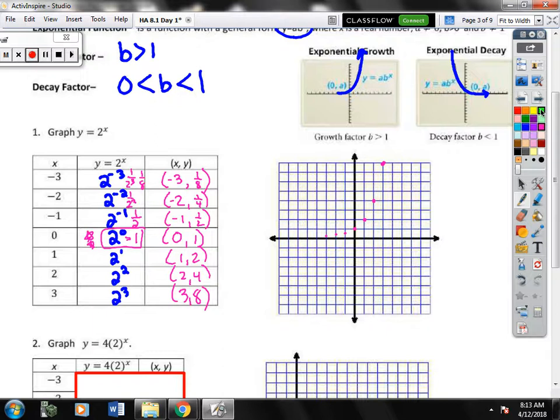Now you'll notice that the exponential function up here, it looks like it might go down. It will never go underneath the x-axis. So it's going to get very small, close to 0, but it's never actually going to touch 0. So the graph, when you connect these dots, you do not want to draw it going underneath the x-axis. It's just going to get really close to it.